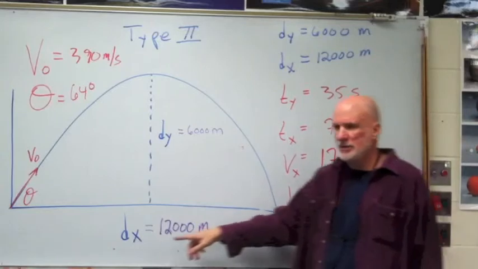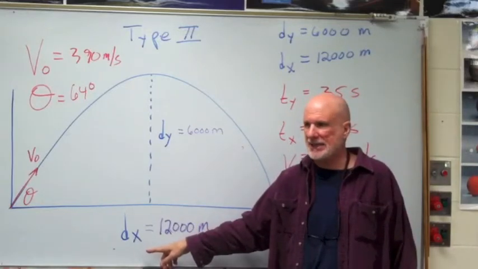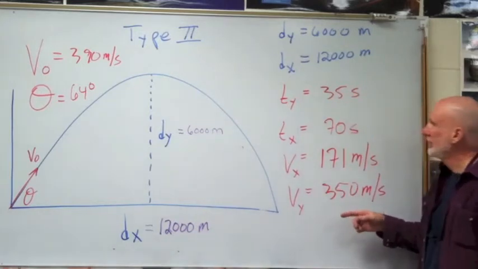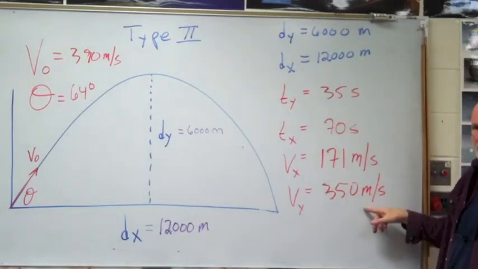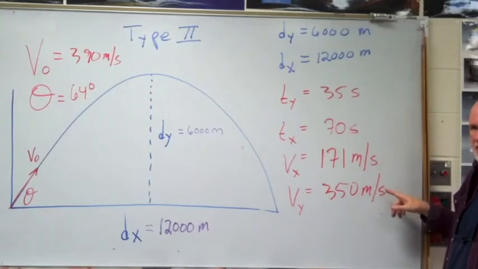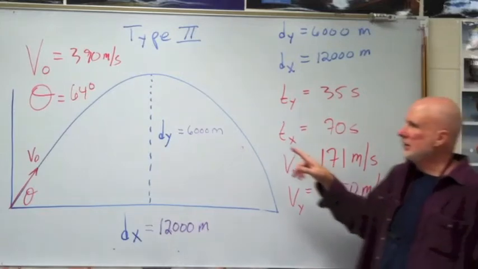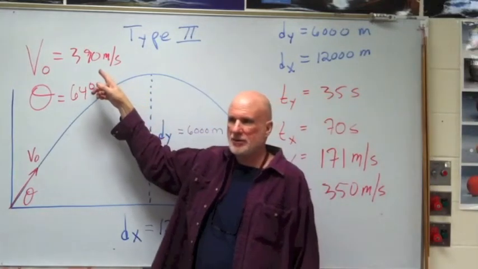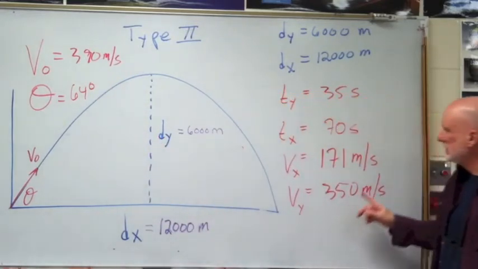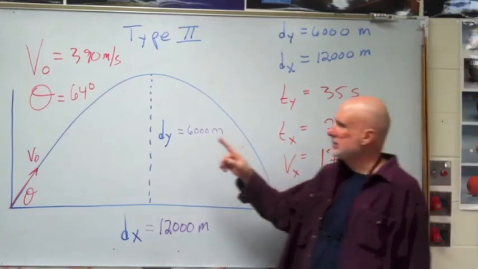I know dx, so dx over Tx is Vx. So now I have everything I need to finish the problem. The square root of the sum of the squares of Vx and Vy equals V naught. The arctangent of Vy over Vx is 64 degrees.